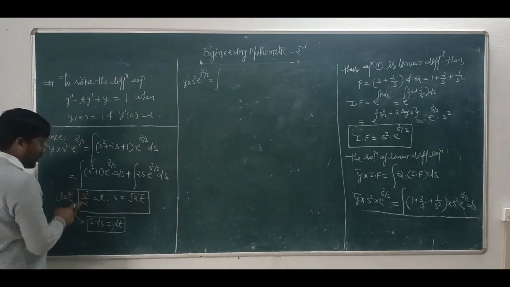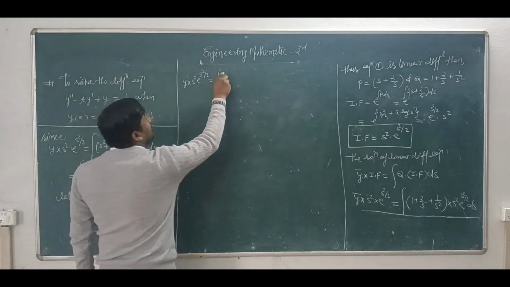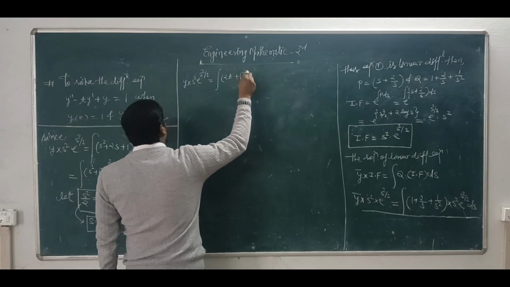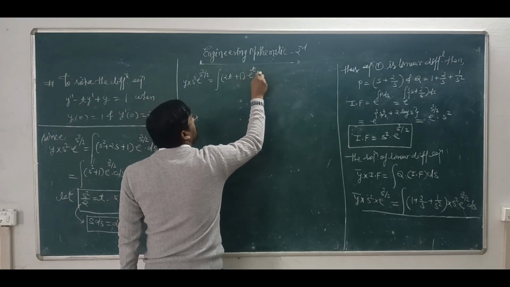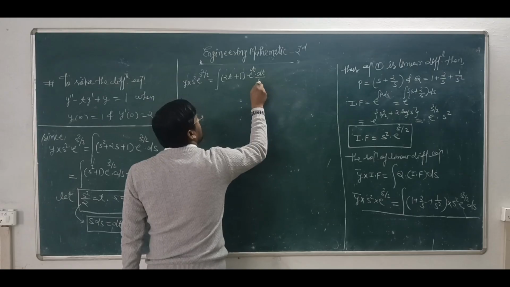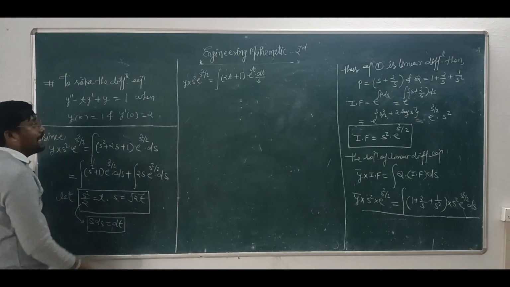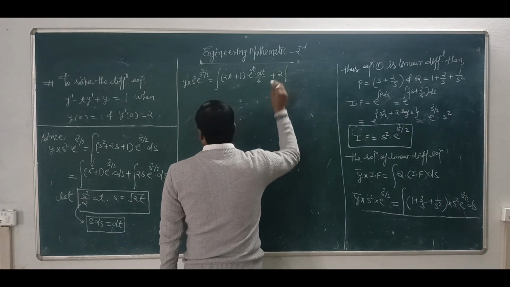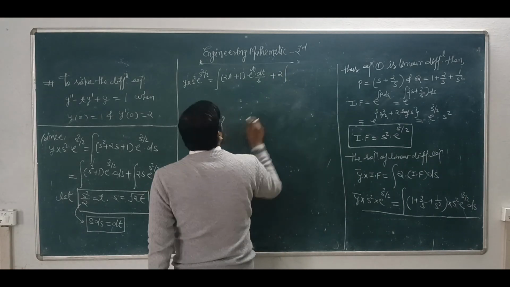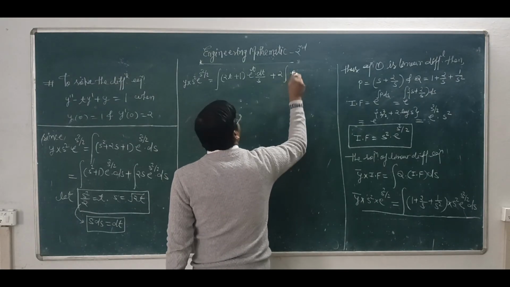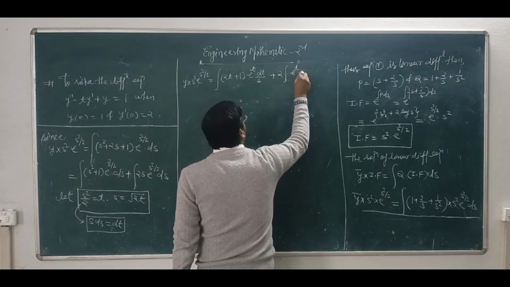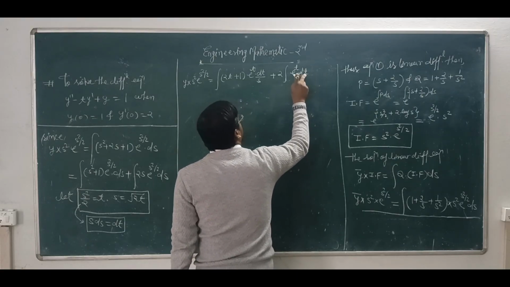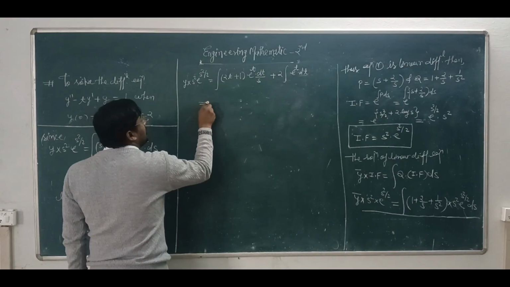You can write s square means 2t, 2t plus 1 e to the power t into dt upon s, plus 2 integration. The value of s is this, which means e to the power t into dt by dt. Now you can solve this problem.